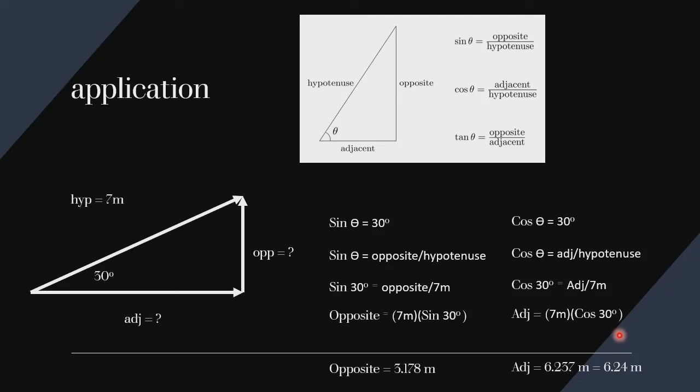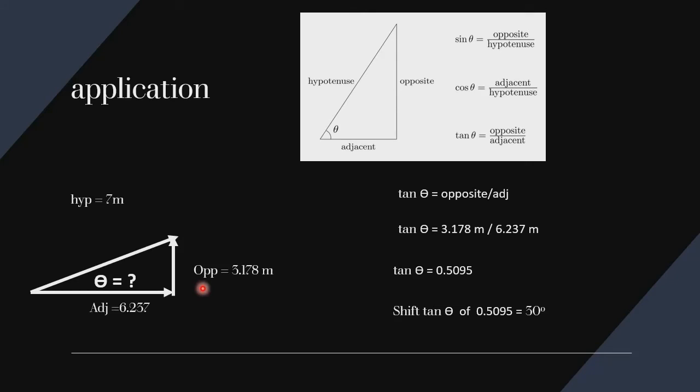And by the use of our calculator, the adjacent is now equal to 6.257 meters, or we will reduce that into 6.24. So our 3 is now raised to 4 because the next value is more than 5. So 6.24 meters.